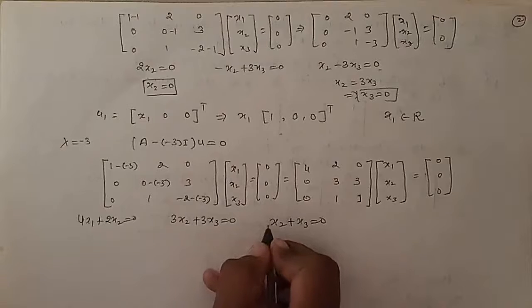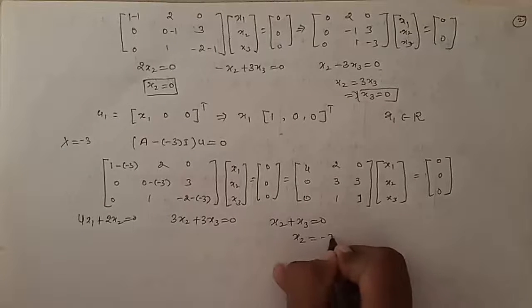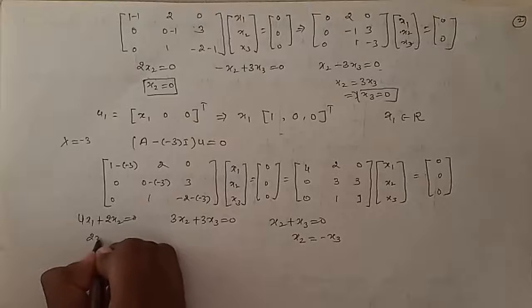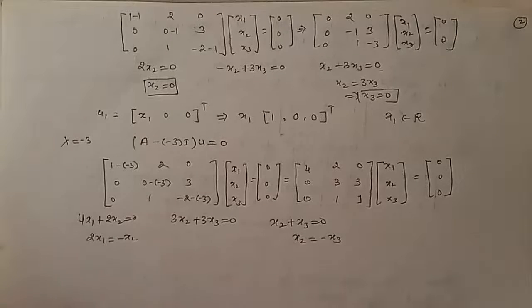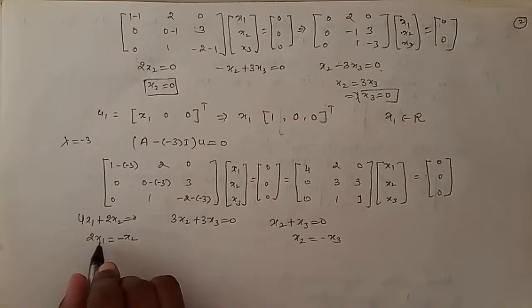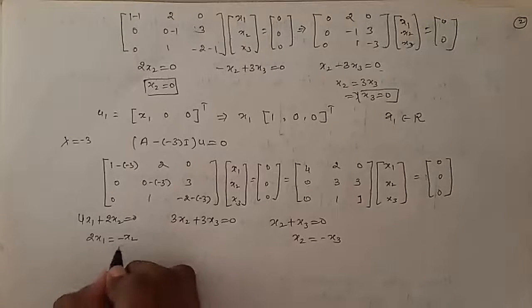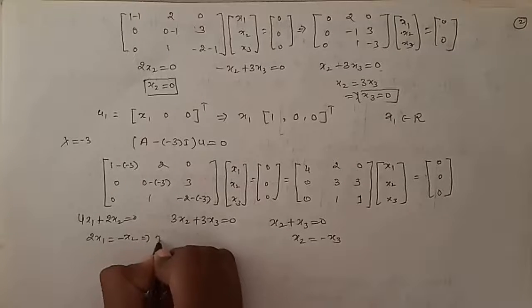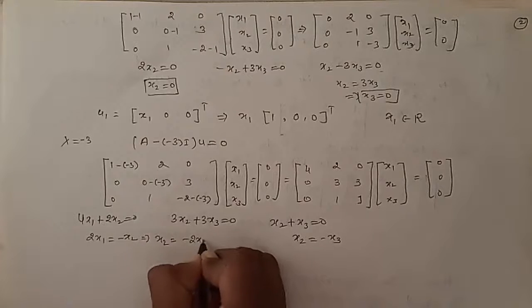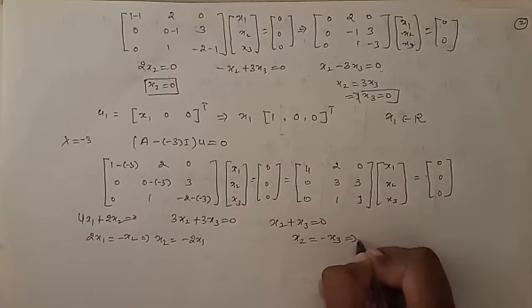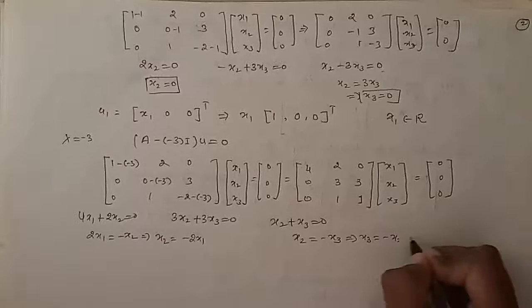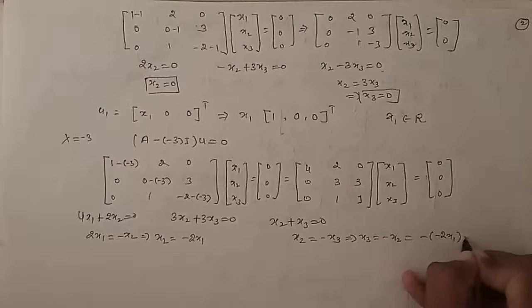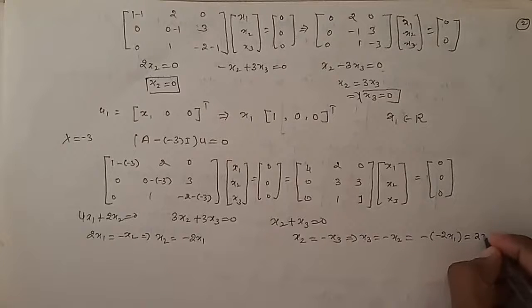So these two equations are the same. From here we can say that x2 is equal to minus x3. And on solving this, 2x1 is equal to minus x2. So I can replace all the terms by x1. If I replace x2 by x1, then x2 is equal to minus 2x1. Then x3 is equal to minus x2, but x2 is minus 2x1, so x3 is 2x1.